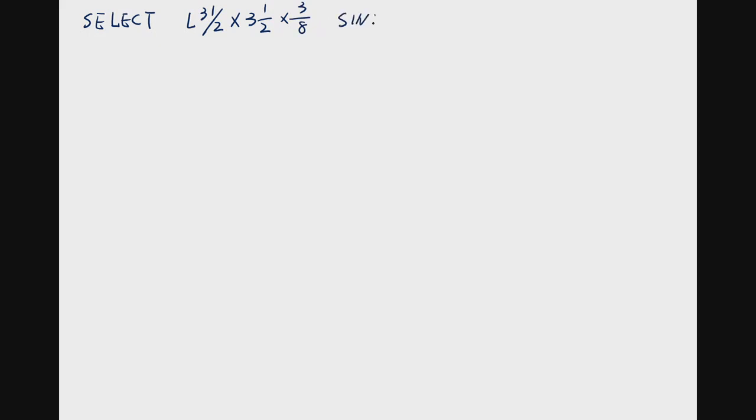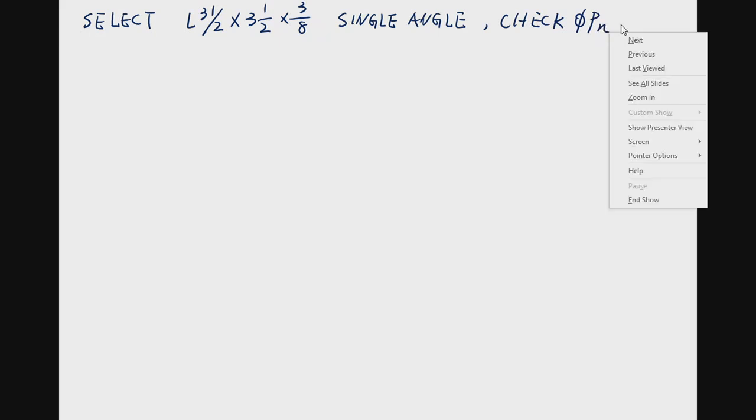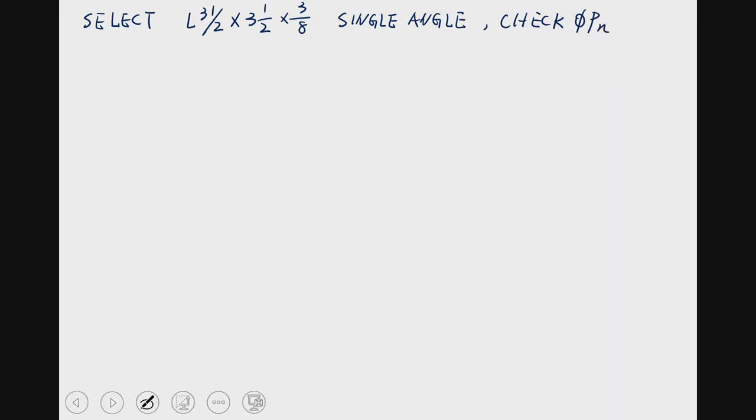So that's a single angle, and then check if its phi Pn qualifies. So like we have done before, first we want to check yielding, right?